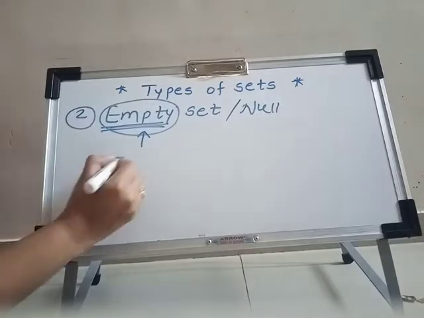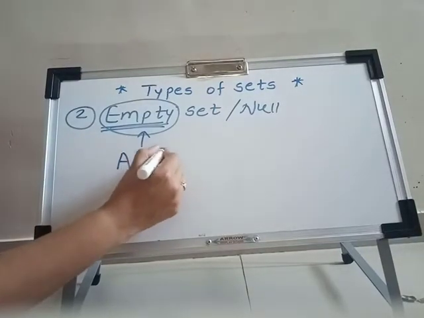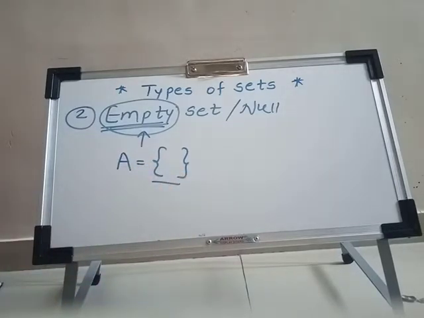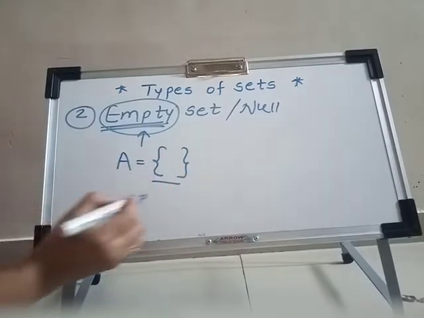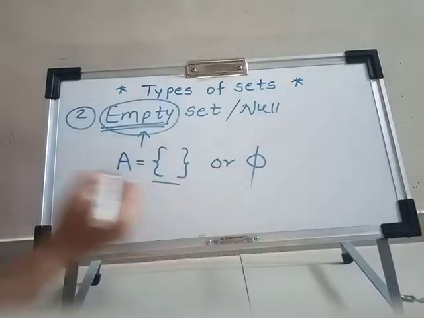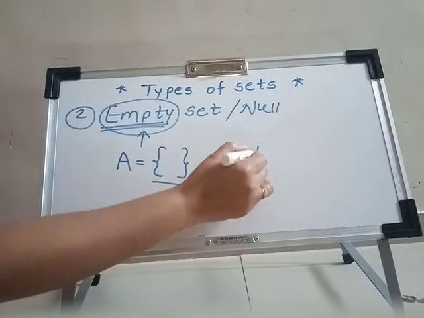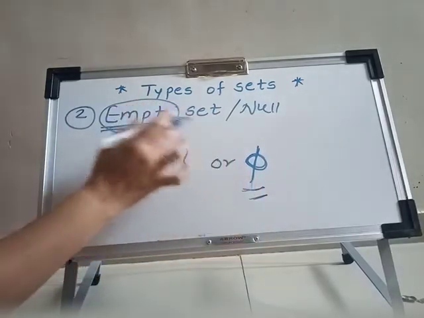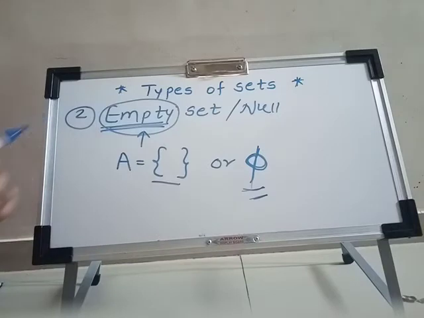How to write it? A is equal to only curly brackets, no element in this set. It is represented by phi, or called null set. This sign is called phi and is denoted as an empty set.